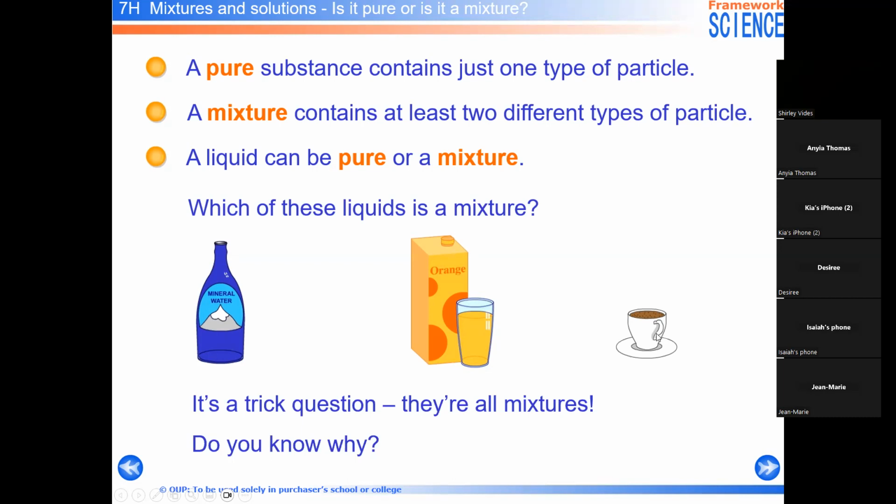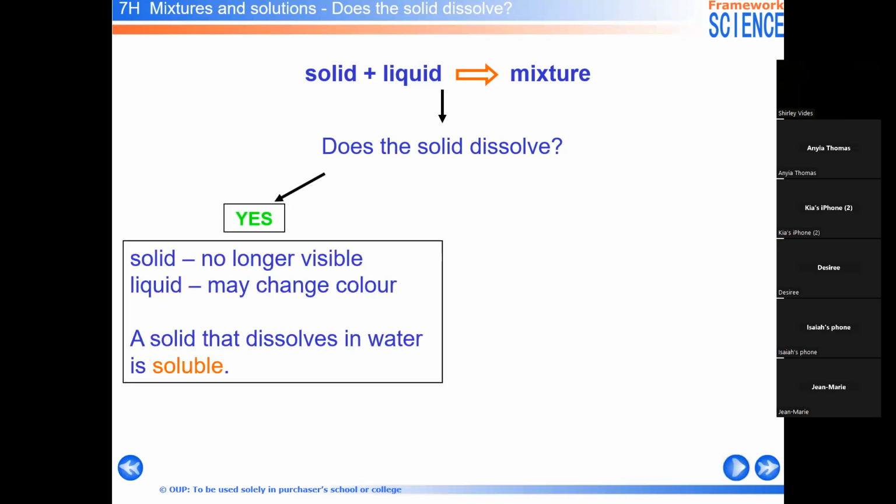So there you go. When you have a mixture, most of the time you could have a solid and a liquid, and there's a question about this. Does the solid dissolve? If the answer is yes, then what you will see is the solid is no longer visible, like when you put salt in water. The solid that dissolves in water is known as a soluble solid.